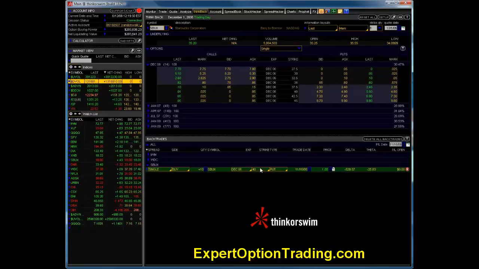Let's say we bought the 37.5 put, which was cheaper at 85 cents. That $37.50 put option now is $2, and we could have sold it for $2.30. That's a difference of only $1.50. So we would only have had $1,500 in protection on the downside on a stock that dropped $4,000.